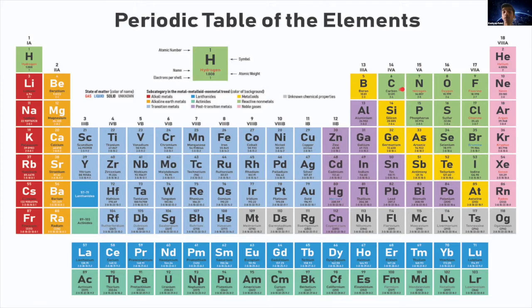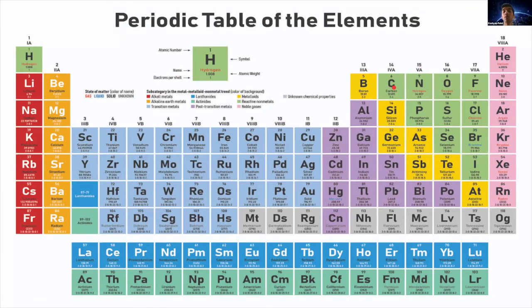So the question was, if you take a mole of carbon, how many grams of carbon would you get? It would be 12.01 grams, because as you can see, the average atomic mass of carbon is 12.01.